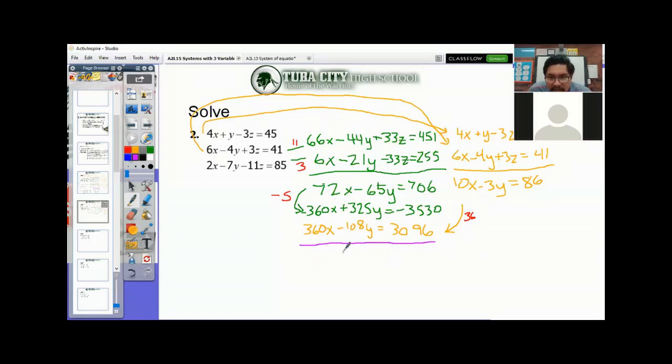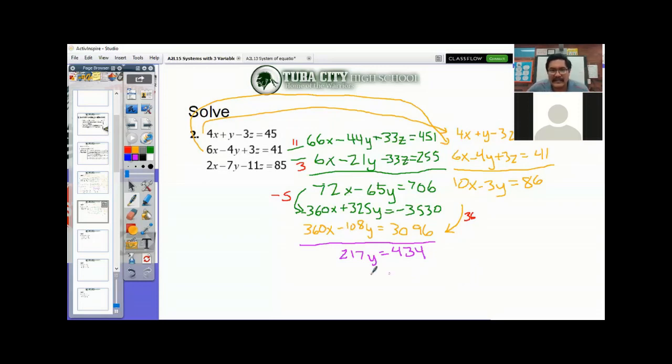And it looks like we get 217. Y equals, and here, let's see, 3096 minus 3530. And I get 434. Now this one's a pretty easy one. Oh, it's going to be negative.